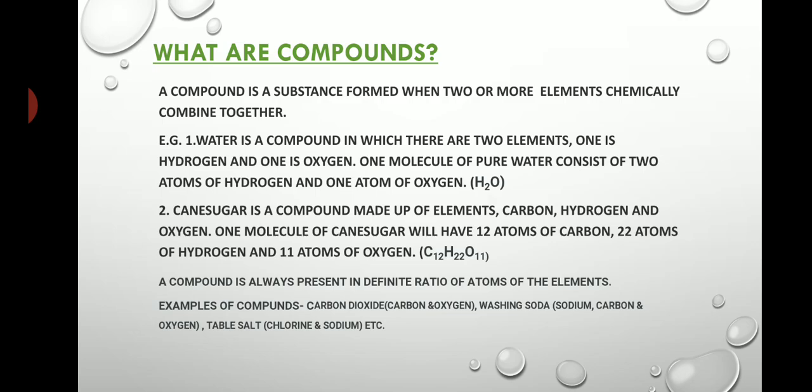One molecule. And in one molecule of cane sugar, it will have 12 atoms of carbon, 22 atoms of hydrogen and 11 atoms of oxygen.